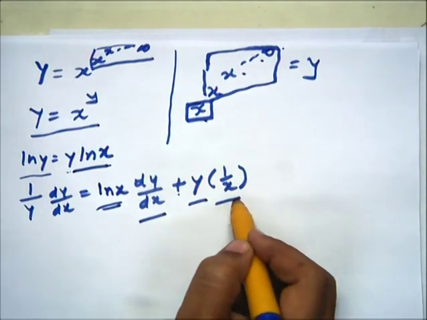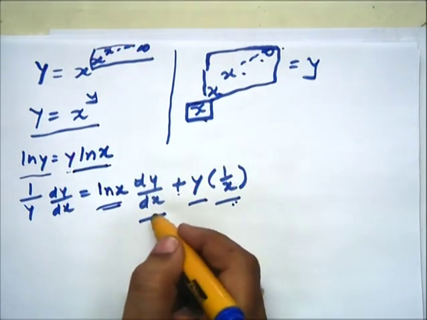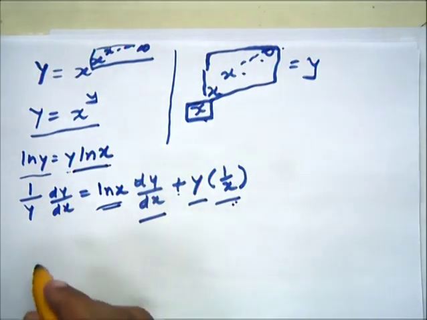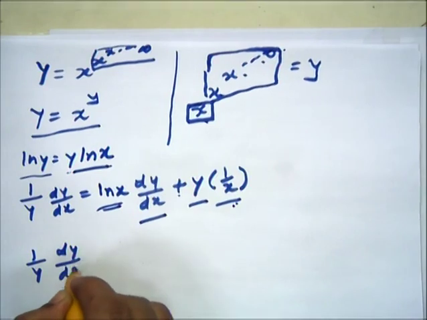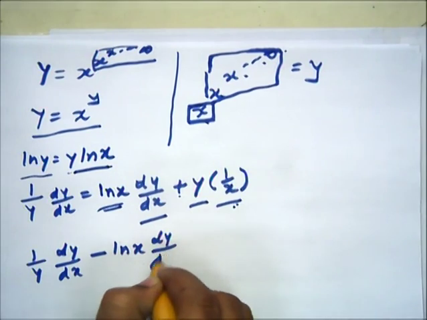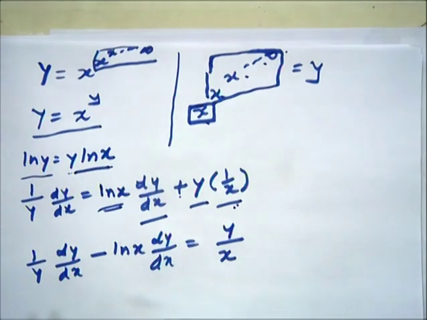Now if we take the term dy by dx on the opposite side, we have 1 upon y dy by dx minus log x dy by dx is equal to y upon x. So here we can get dy by dx common.